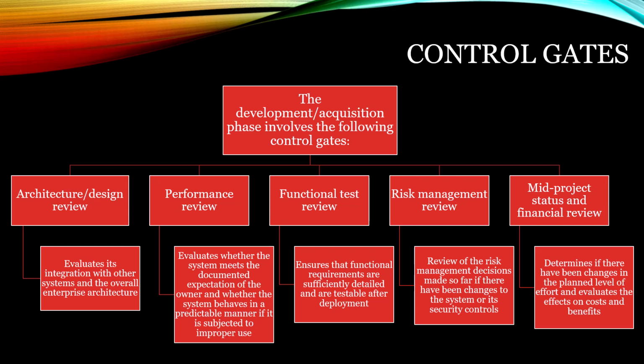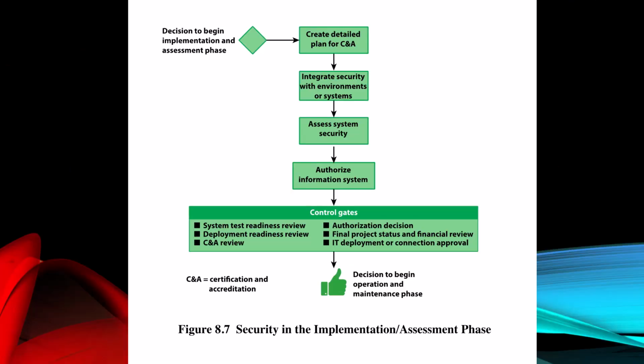Here is our process for implementation and assessment phases. Again, create a detailed plan for verification, integrate within the appropriate security controls that were happening from the very beginning, assess these security controls, authorize the appropriate information, verify, and if it actually passes, go to the appropriate gate controller.